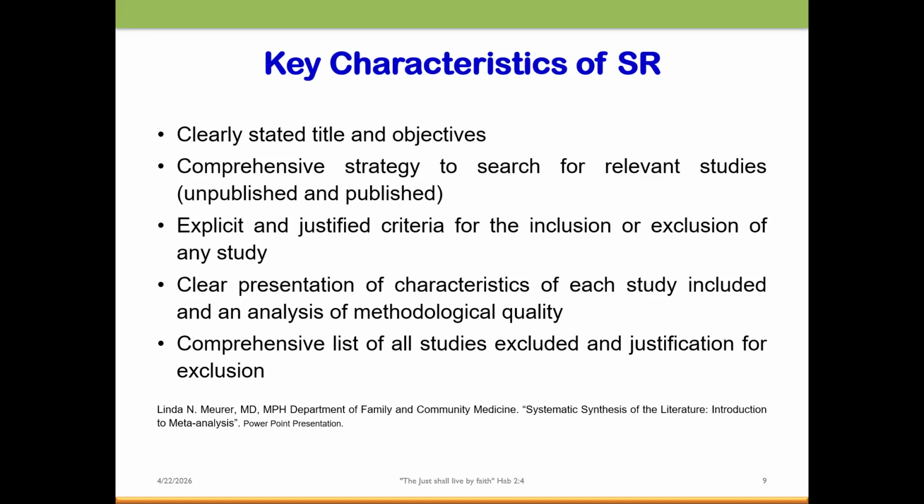And then, of course, you have to provide a comprehensive list of all studies included with their justification. That's why you have to report things like a PRISMA flow diagram. Those of you that have read systematic reviews, you must show which studies you included, how many you excluded, why you excluded them, up to those that you include. It is a systematic process, yeah?